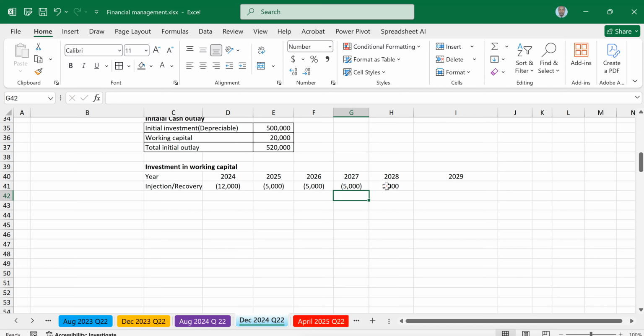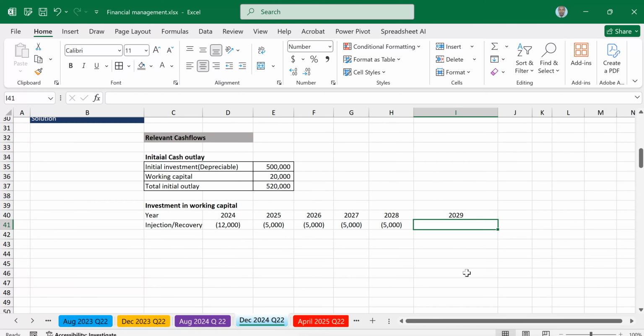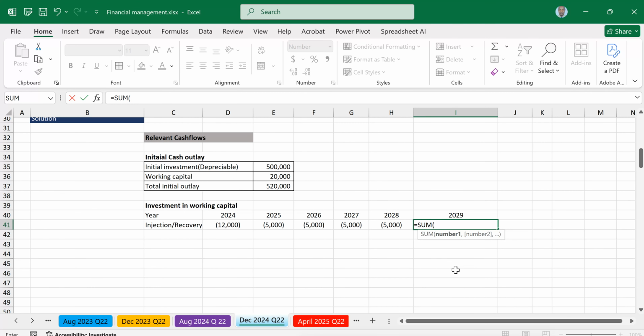Then the entire amount will be reversed at the end of the project, that will be in 2029. They said it here: this will increase by 5 million for each of the 4 years and then be released at the end of the project. So the release will be equal sign, sum, then negative.